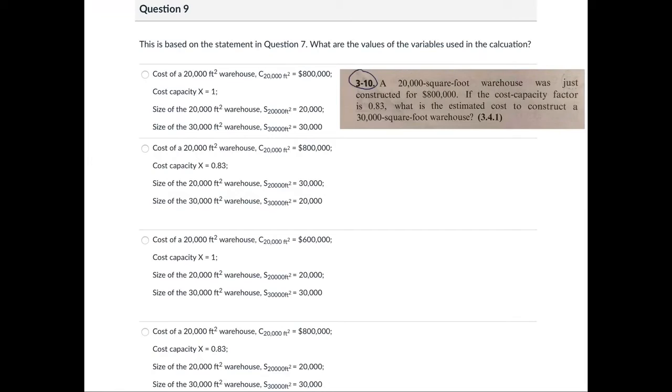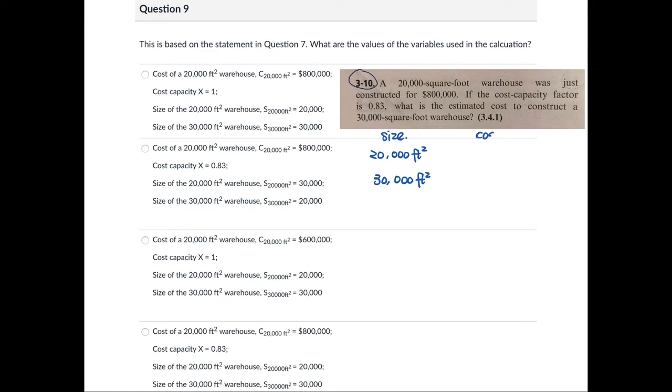And then, so what are the values for those variables you're gonna use in this problem? So think about that. We have two warehouses. One is 20,000 square foot. The other is 30,000 square foot. And this is the size. Okay.